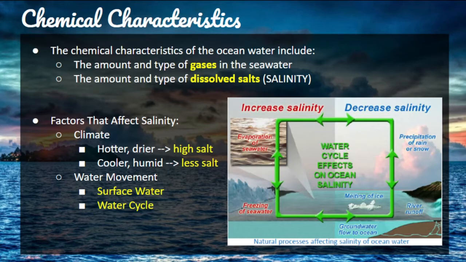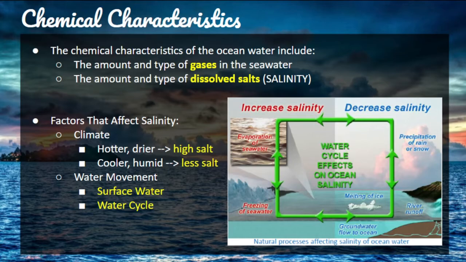Now, with water movement, the focus I want you to understand is that surface water may have different levels of salinity, because not all of them are going to be the same. For instance, if you have water that's the open ocean surface water versus water that's in, like, a bay off the coast, that's going to have different levels of salinity.